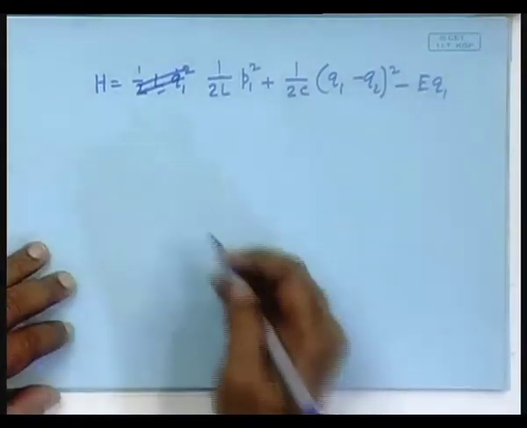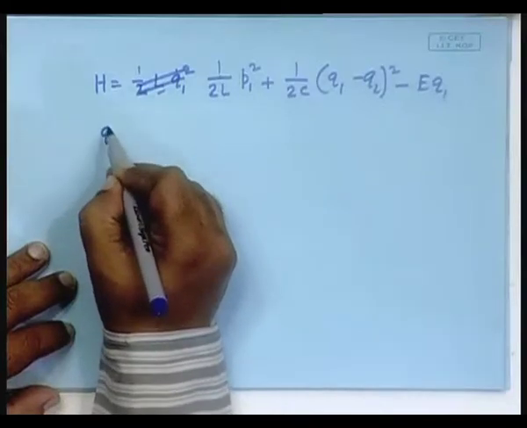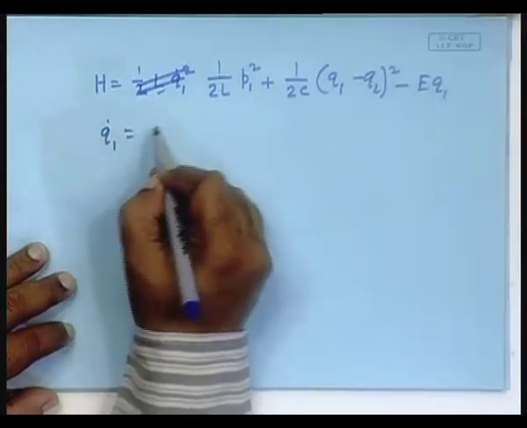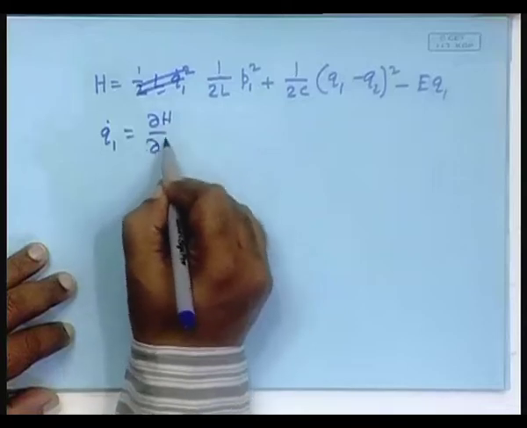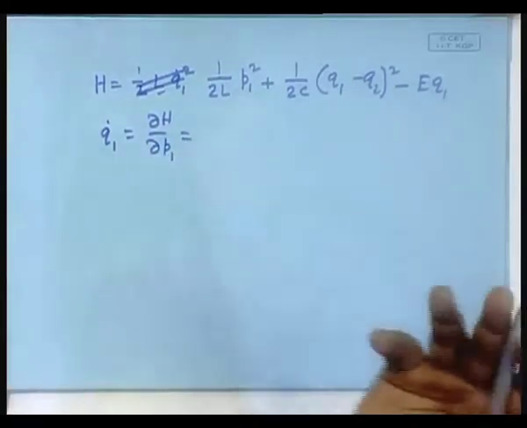Okay. Then we can write the equations directly. Q1 dot is the derivative of the Hamiltonian with respect to P1, which is simple.